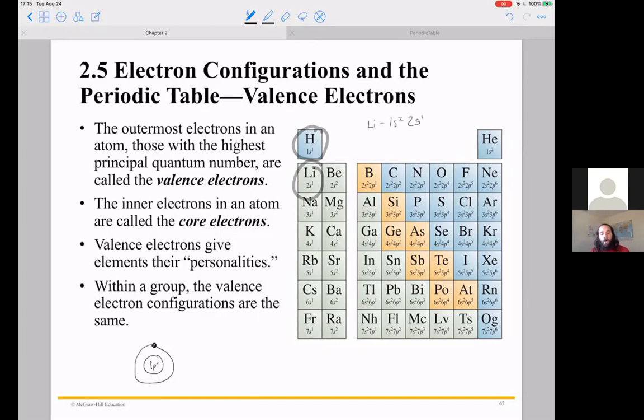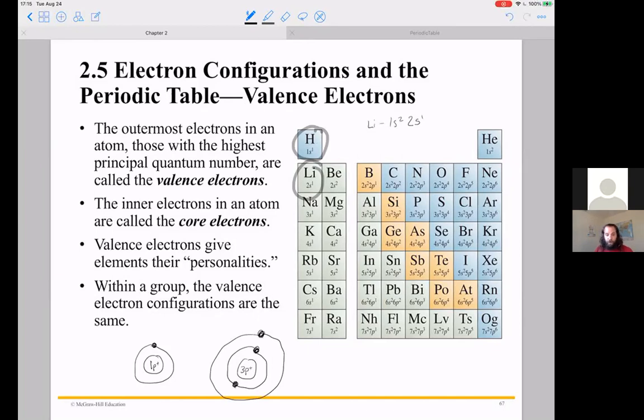So that principal quantum number corresponds to the valence electron shell. So if I'm thinking about that again as the outermost, and I'm going to draw my lithium atom, I have three protons in the middle. Now I have two in this 1s layer, and now one in my outermost or my valence shell.